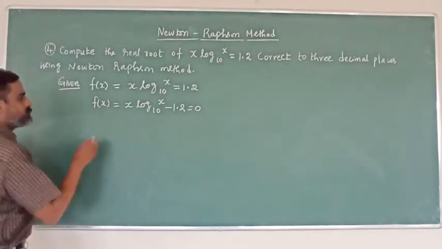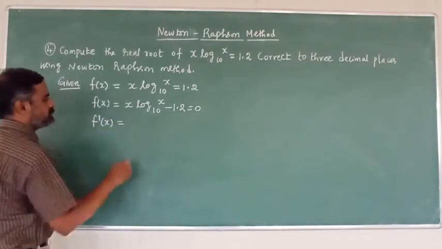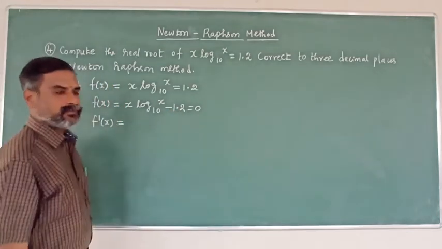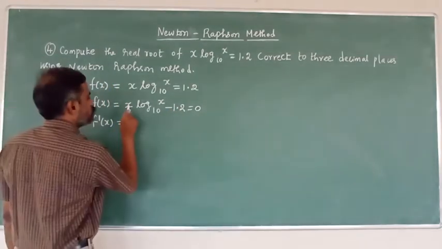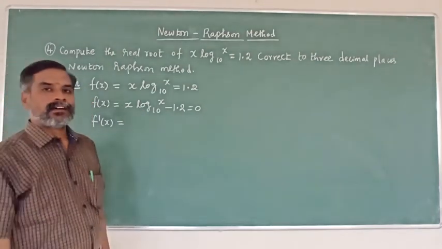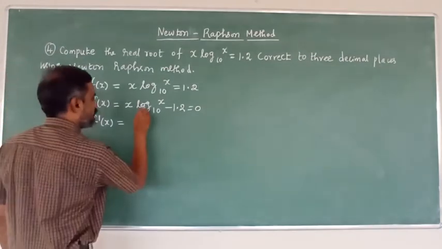Next, to find f'(x): here this is for the constant value 0, and here u·v format, we have to differentiate with respect to x.